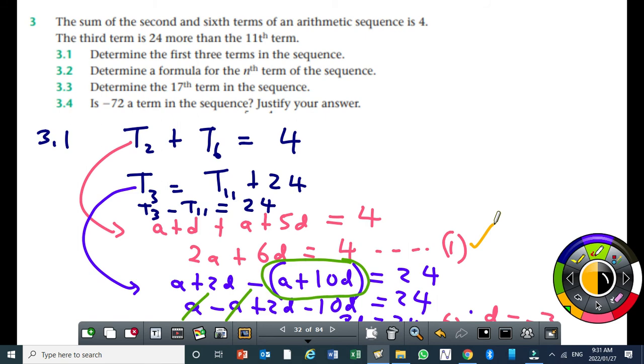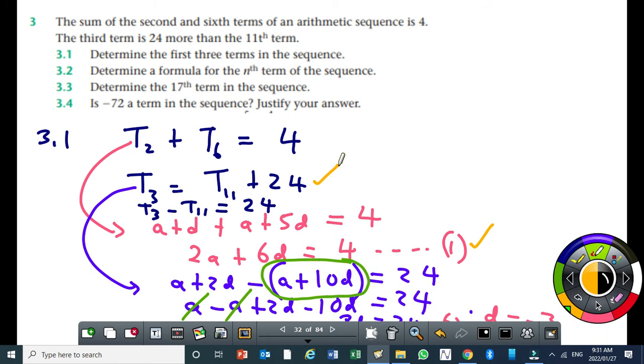So this equation can be written in two ways. I wrote it as T3 is equal to T11 plus 24. You can also rewrite it as T3 minus T11 is equal to 24. You can also write it as T3 minus 24 is equal to T11. So there are three ways of writing.